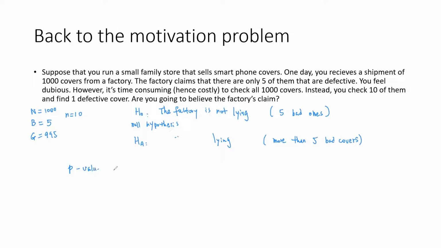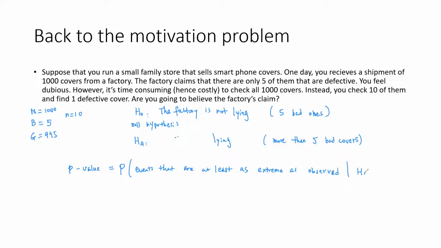P-value. It's defined to be the probability that you will see those events that are at least as extreme as observed. This sentence is a little bit hard to understand.